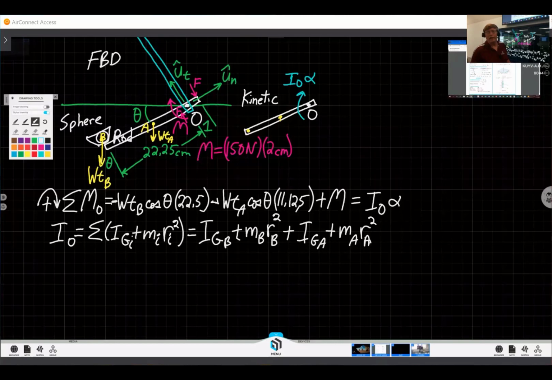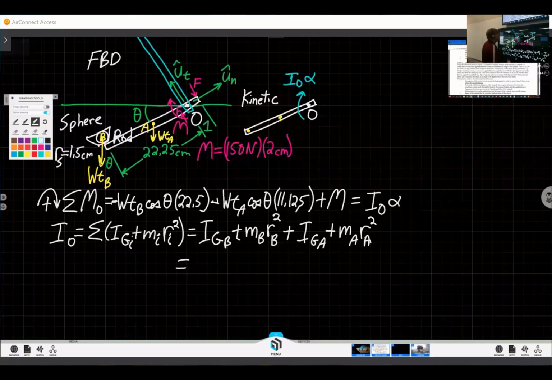The diameter of the ball is 3 centimeters. So let me indicate your R of B, better call it R of S. The radius of the sphere is 1.5 centimeters.